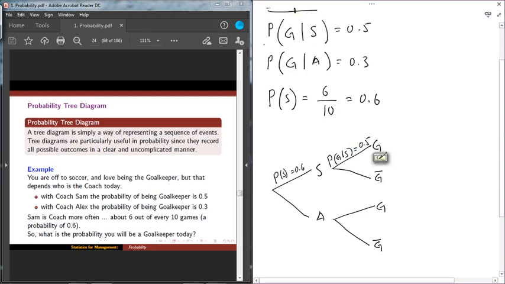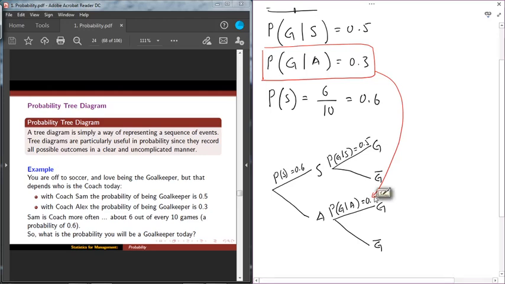Now the second part, can you guess where this is? Alex becomes the coach and you become a goalkeeper. That would be here. Alex becomes the coach, you become a goalkeeper, that would be 0.3.